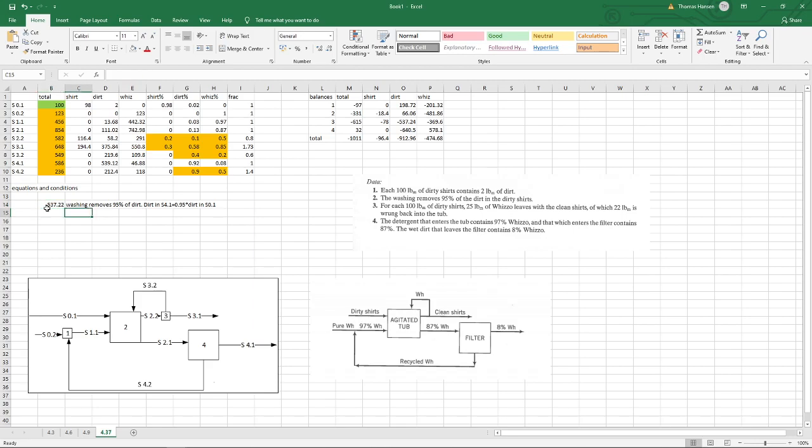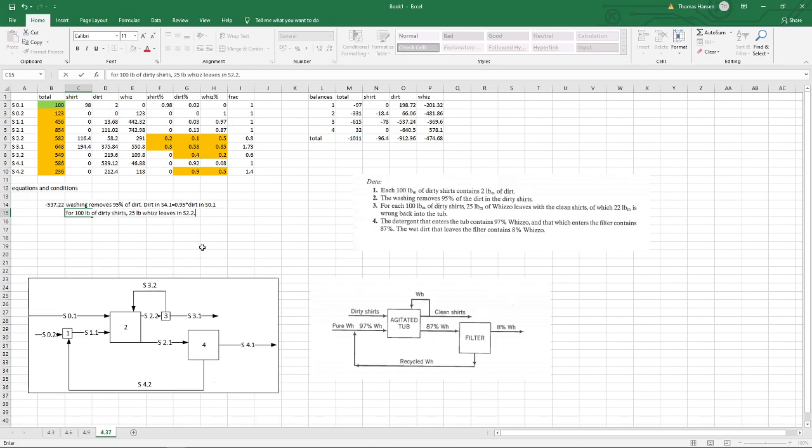The next information I have decided to add is that for every 100 pounds of dirty shirts, 25 pounds of Wizzo leaves in 2.2. So in stream 2.2 I have this amount of Wizzo leaving.